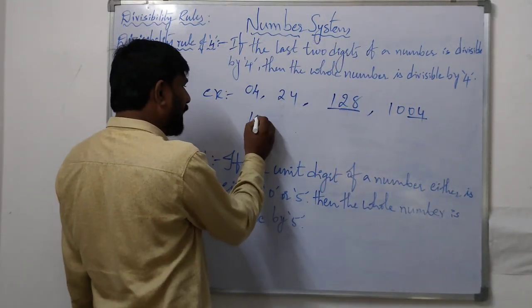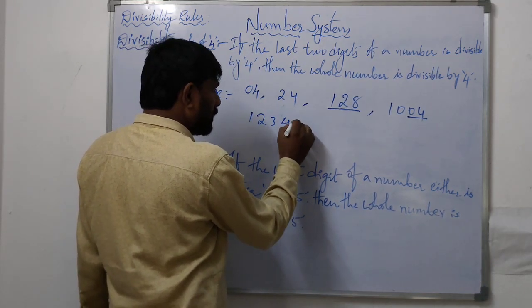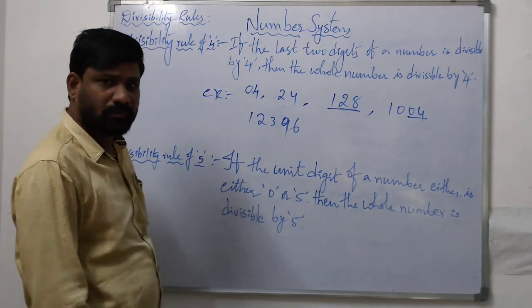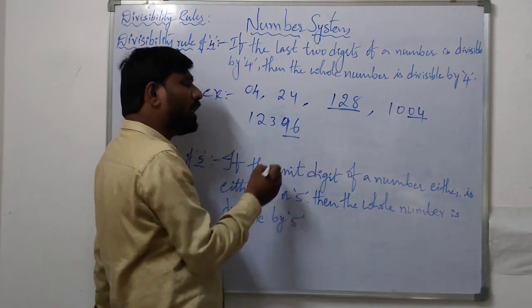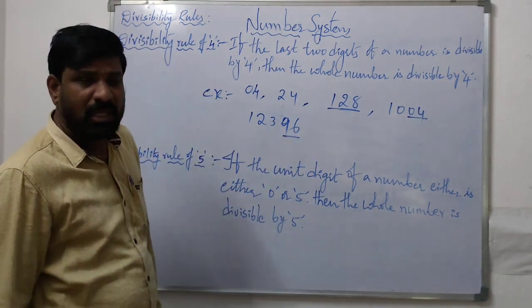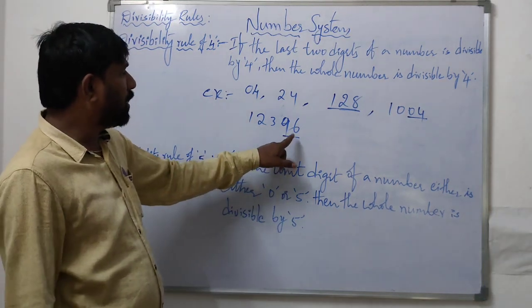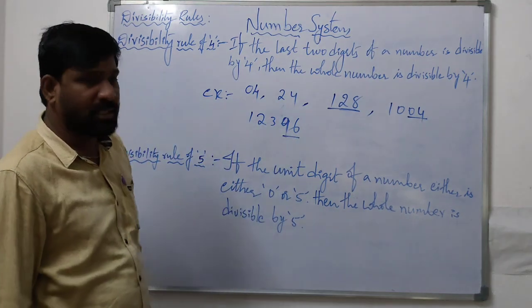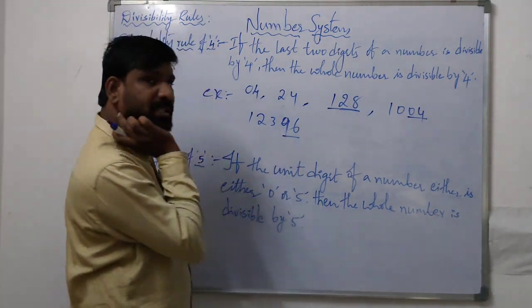Similarly, if I take a 5-digit number, 1 2 3 9 6, this is a 5-digit number. In this case also, you have to check only the last 2 digits, 96. Will this 96 be divisible by 4 or not? Yes, 24 4s are 96. Right?